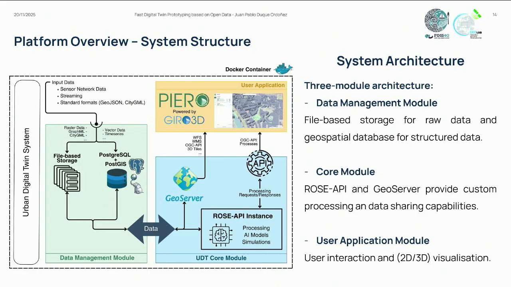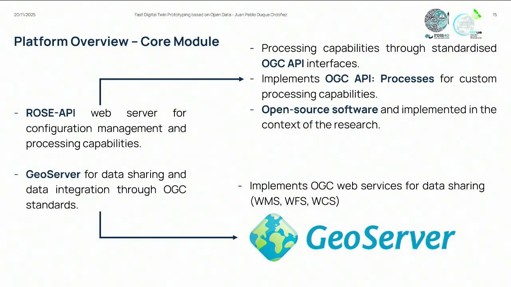I will try to be very brief to go to the case study that is more dynamic. We have data management, we have the processing modules, and we have the user application, which is the actual visualization. From the perspective of the core module, we have processing and data sharing.